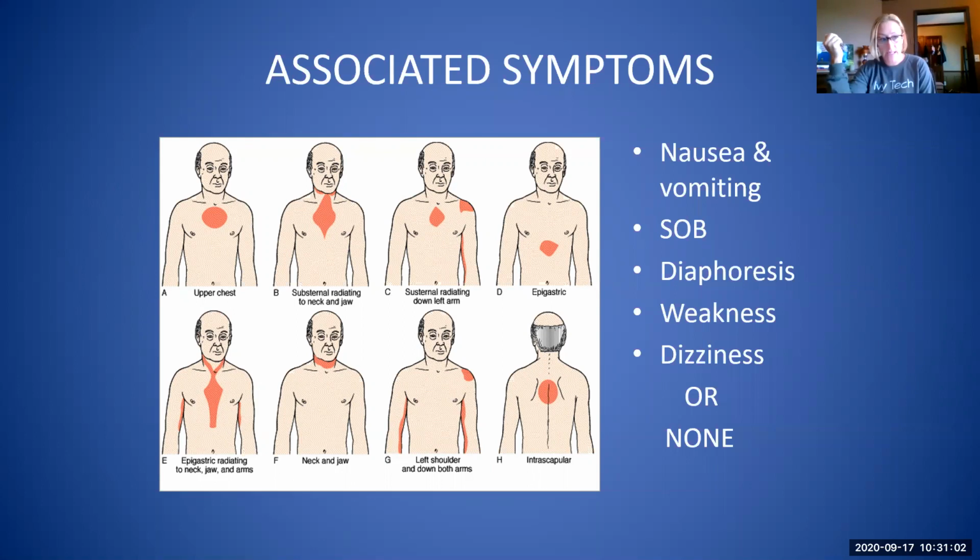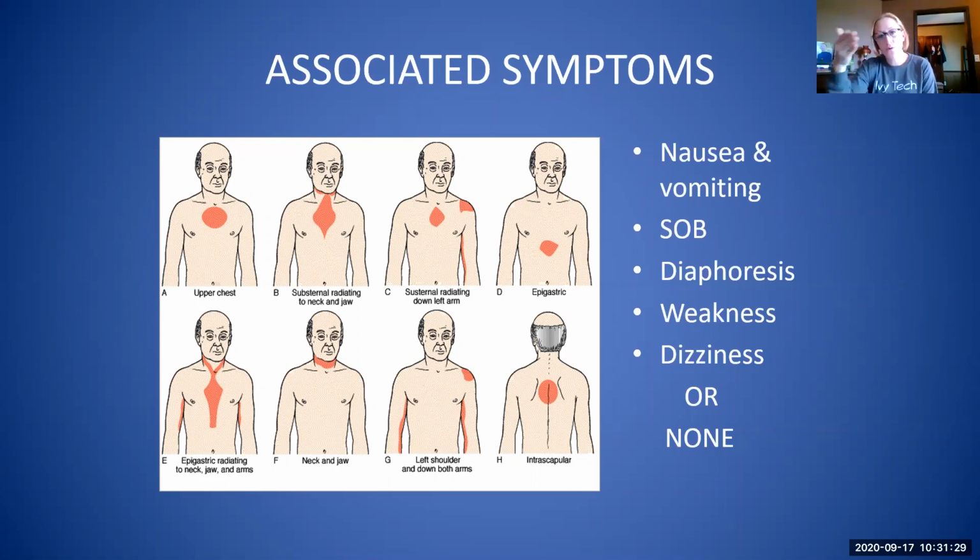Your diabetics tend to have more atypical symptoms because of neuropathy. And then women, for whatever reason, have more diffuse, more generic symptoms, and the elderly tend to not have your typical symptoms either because of their decreased neurotransmitter responses. But nausea and vomiting, shortness of breath, diaphoresis, weakness, dizziness, or potentially none.